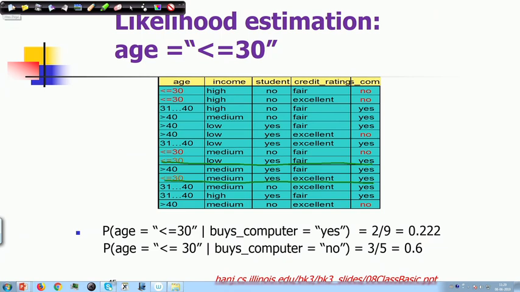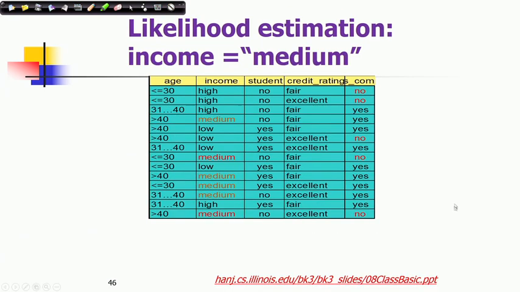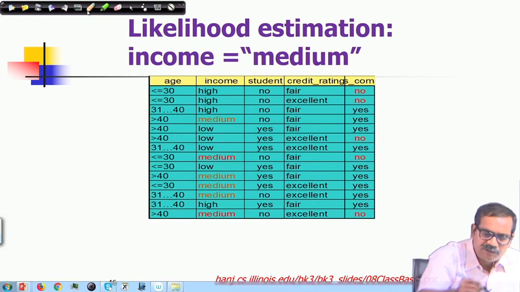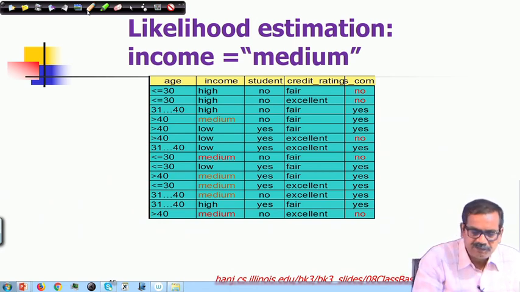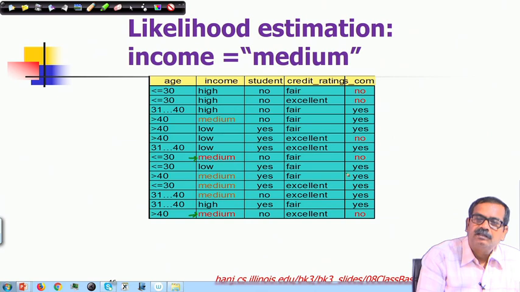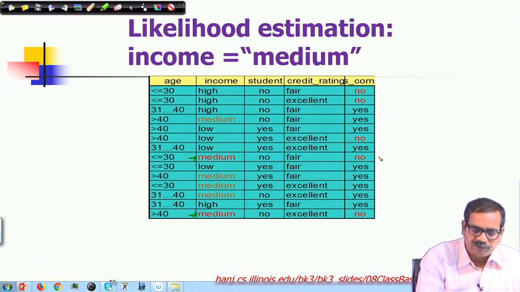So, let us proceed again for the other cases. Now we are considering income equals medium. Once again we will see how many times medium has occurred. So, 1, 2, 3, here actually I have given color. From the color we can find out that for no, medium has occurred twice, and we know that for the class no, that means the persons who are not buying a computer, there are 5 instances.